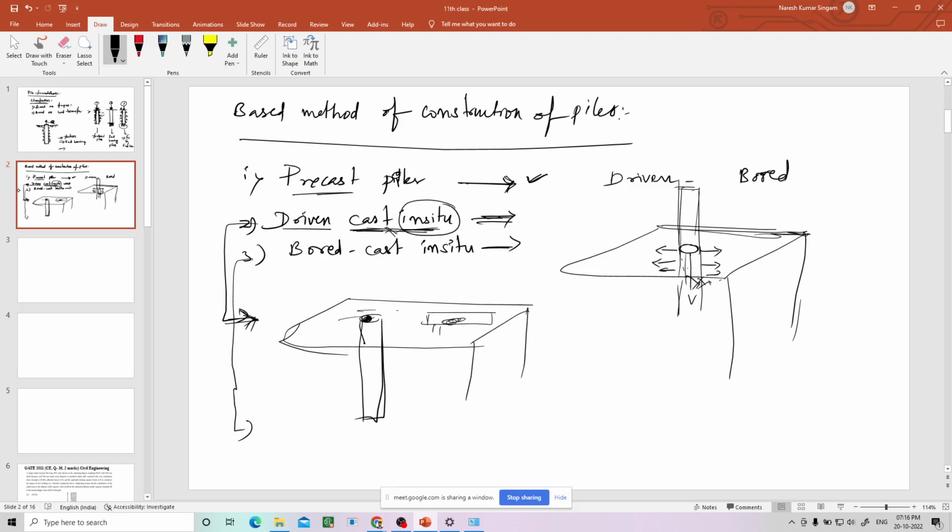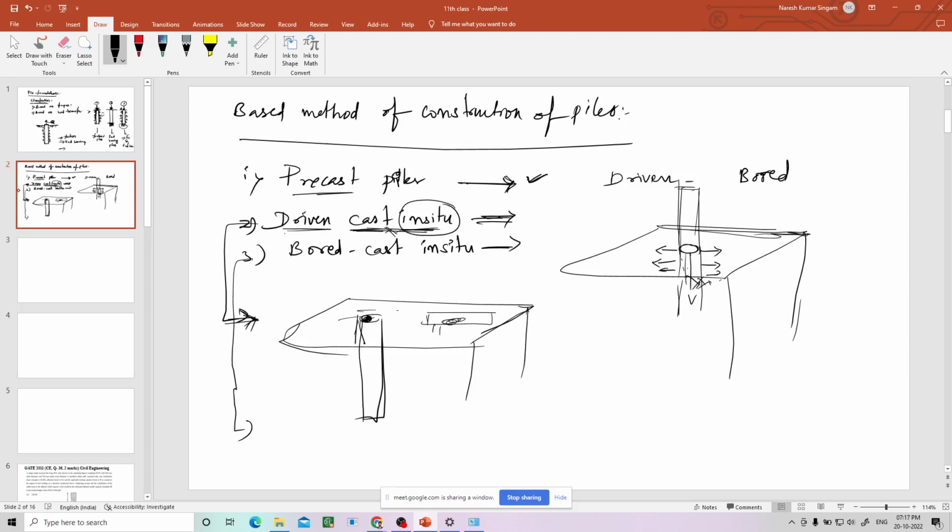And how can it be driven when there is already a hole present? Any idea? Just think. There will be a hollow cylinder that is installed first.